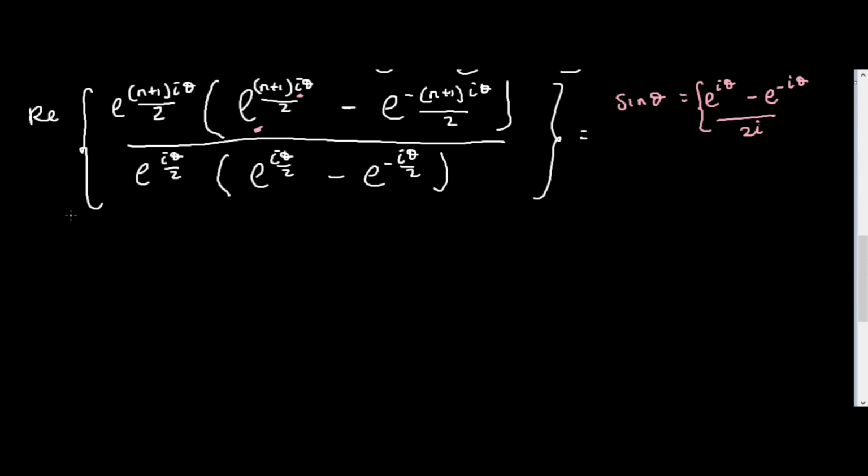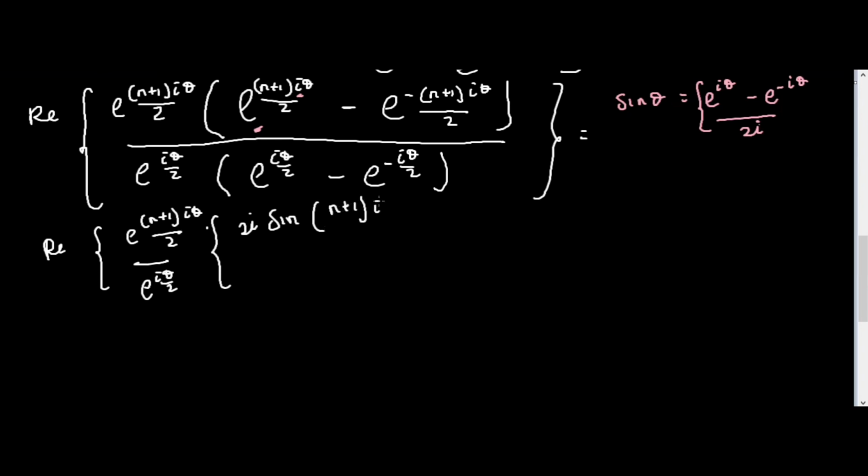So if I want to say that real, you have e raised to power (n+1)iθ over 2, that is our factorized part of it, over, now I said this is sine, let me just call it 2i, then my θ will be what? (n+1)θ over 2.